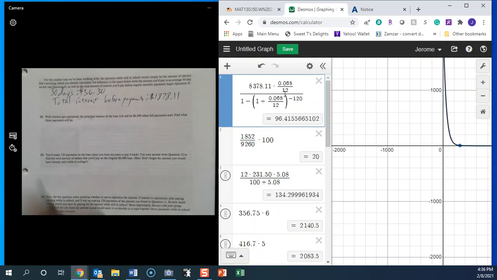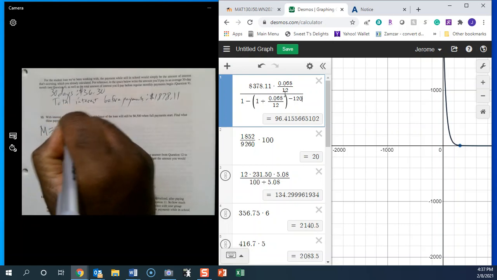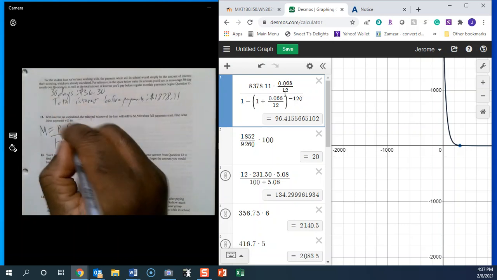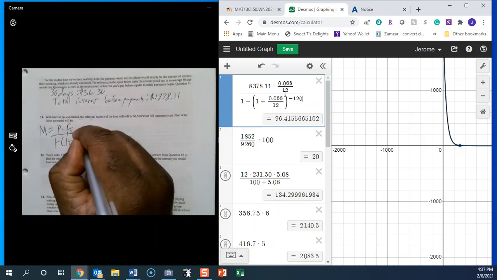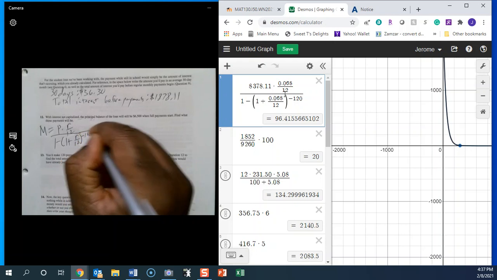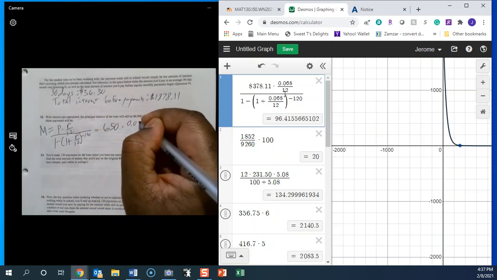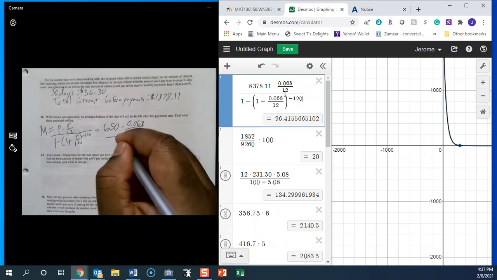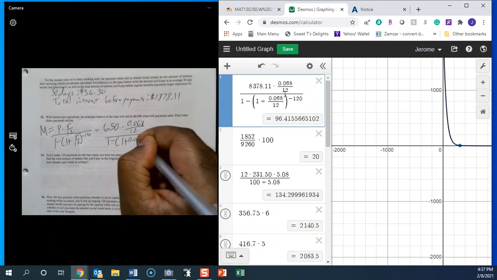Okay, so basically, we're taking this same formula, but instead of it being $8,378.11 as the principal, we're going to instead just do the $6,500, as if the student had paid the interest while they were in college.